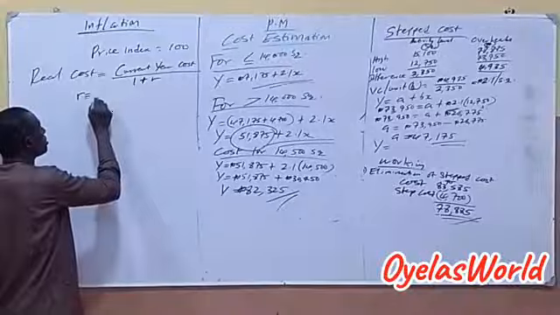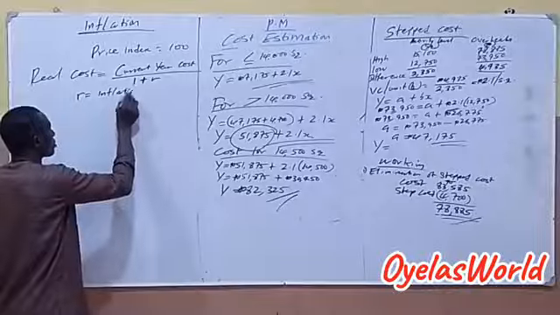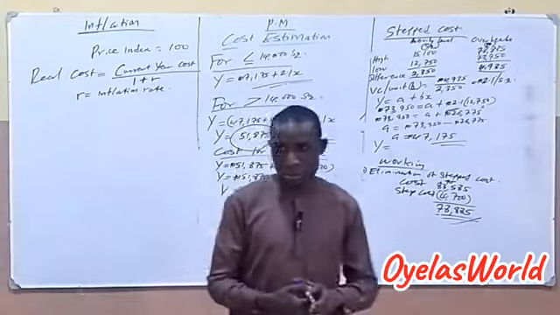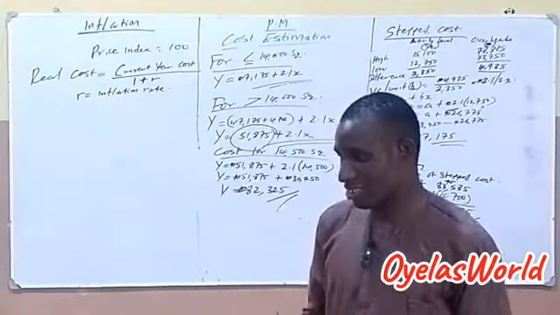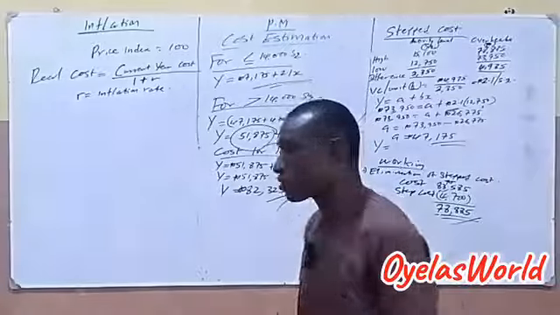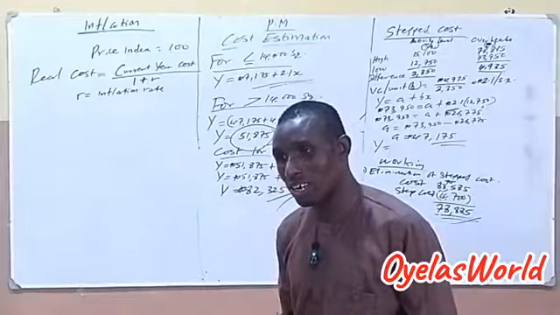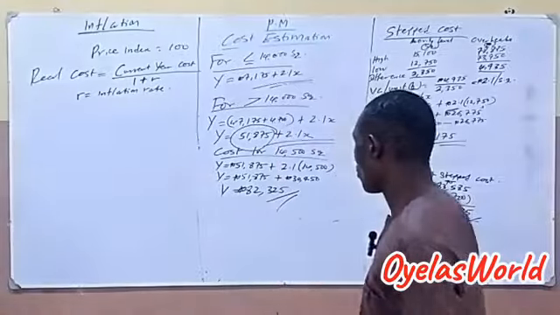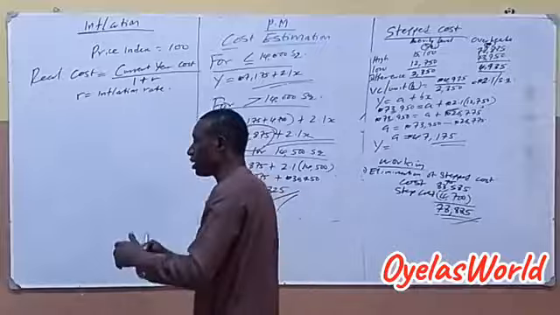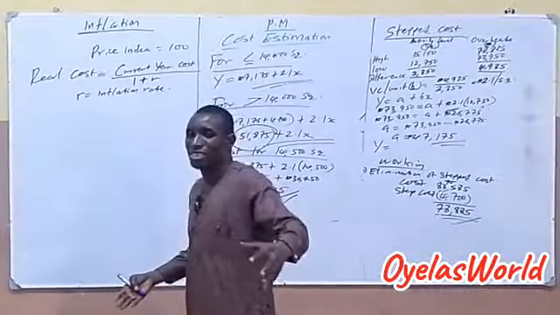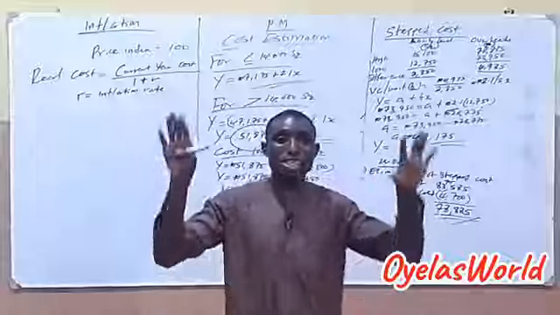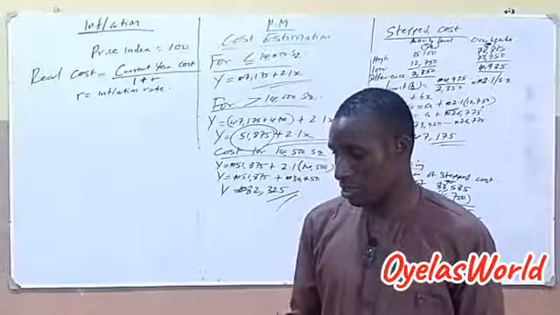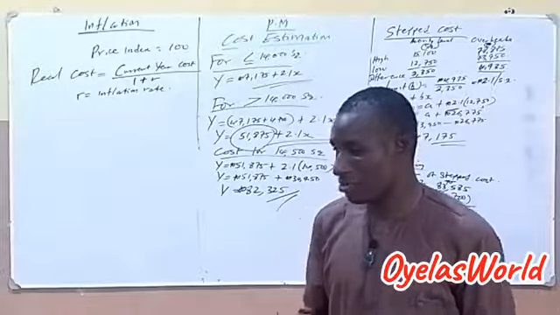R is the inflation rate. 1 plus R, where R is the rate of inflation. I get it now? So by the time you have done that, you have eliminated the inflation effect. You now have a real amount. Is it difficult? Very easy.